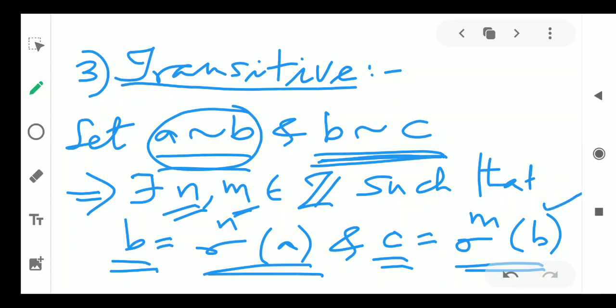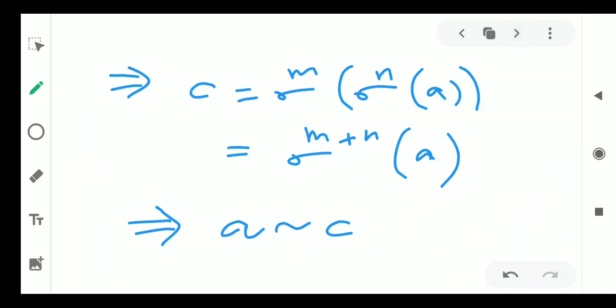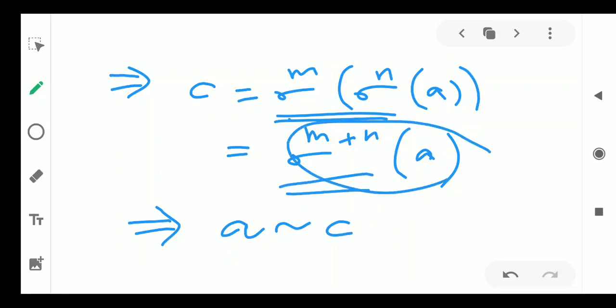As b is sigma raised to n of a, we get c is equal to sigma raised to m of b, which is sigma raised to m of sigma raised to n of a. Sigma raised to m composed with sigma raised to n means sigma raised to m plus n of a. Therefore, you can see that a is related to c.